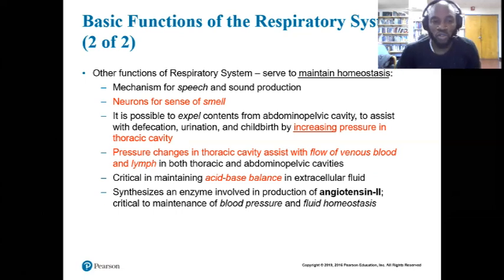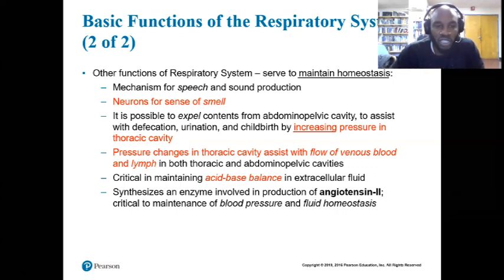That ability to speak is part of your respiratory system, along with working with your nervous system. Remember the Wernicke's region in the brain; speech is a combination of muscular, respiratory, and nervous.